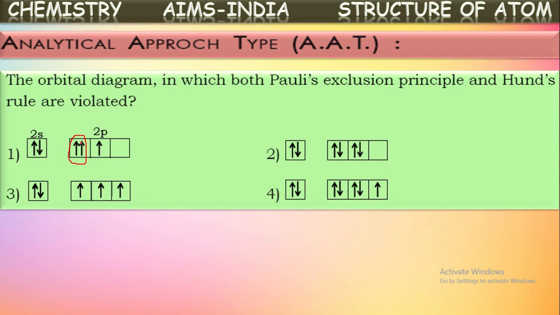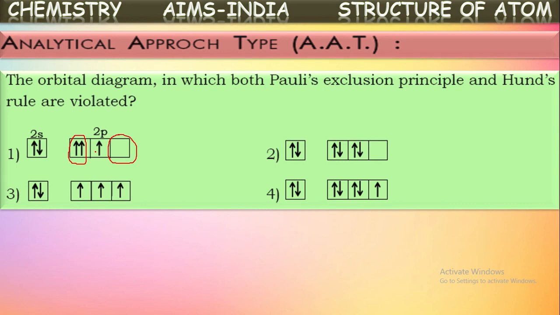That is a violation of Pauli's principle. And if you observe here, the third p orbital is kept vacant, and the first orbital contains two electrons, which is a violation of Hund's rule.